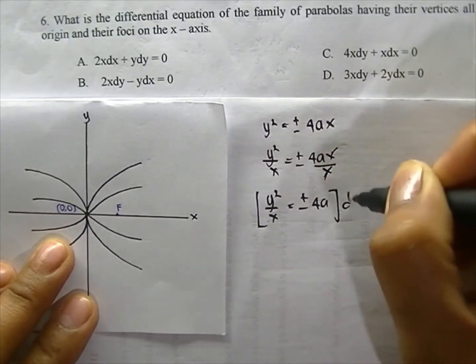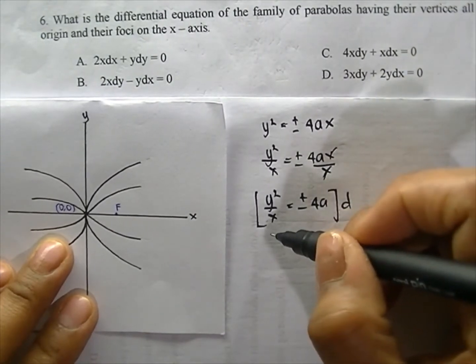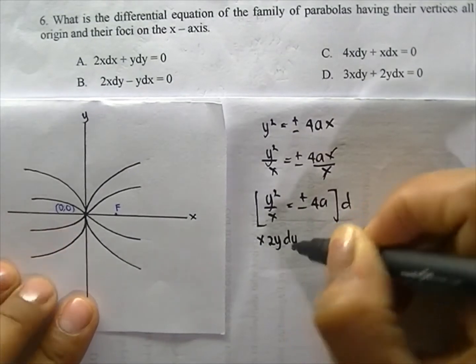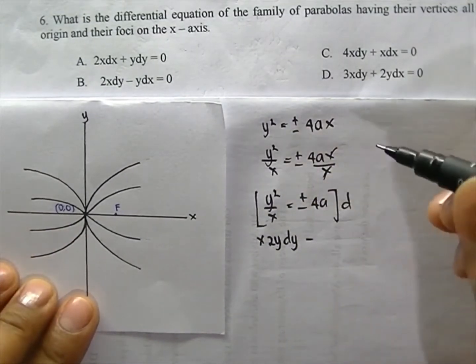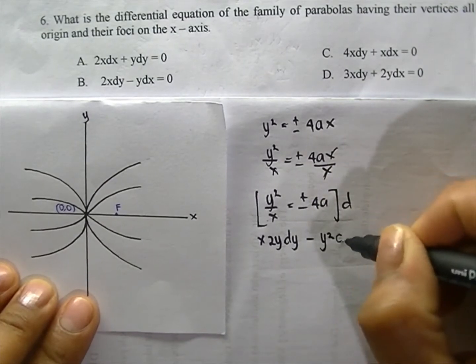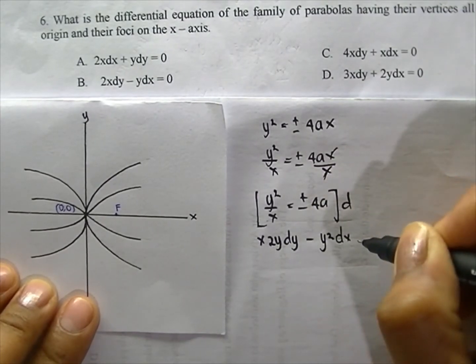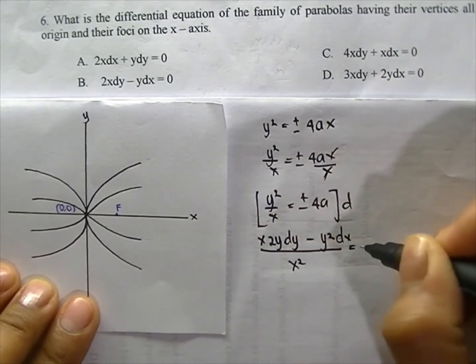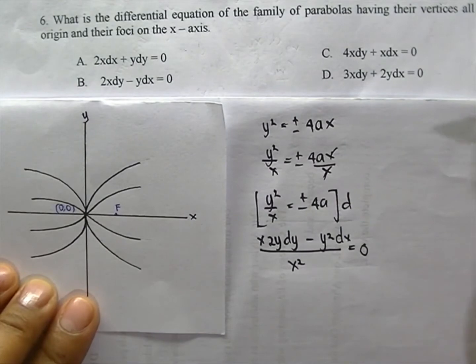So differentiate, we have x times 2y dy less y squared dx over x squared equals 0.